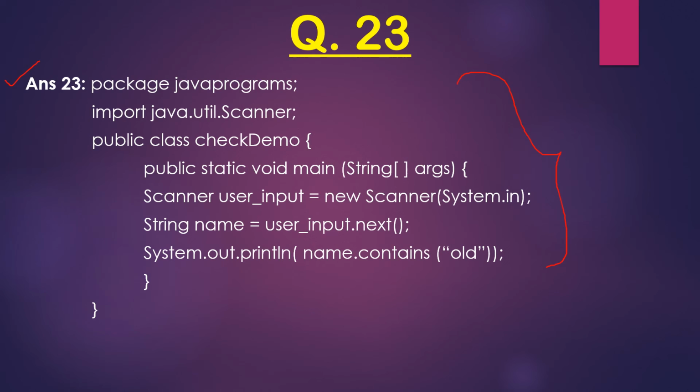If you forget the semicolon, or in Java you make a mistake in case, meaning you have to write uppercase and you have written lowercase, these mistakes can lead to a reduction of your marks. So please do not make any mistake while writing the code. You must write the code very carefully.